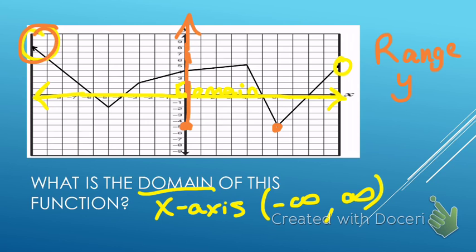The arrow shows it's going to keep going. So when I write my range, I would say this goes from negative 5 and then up forever, so I'm going to put an infinity symbol. So if you see arrows, you're going to use infinities for your domain and range.